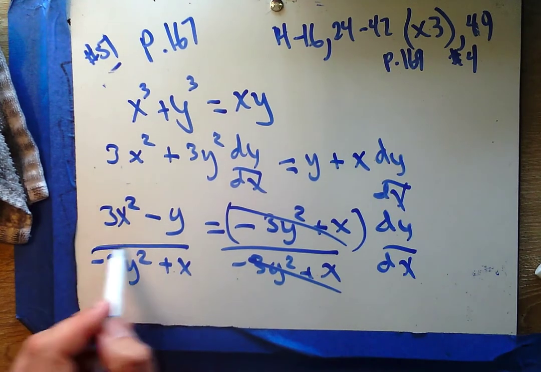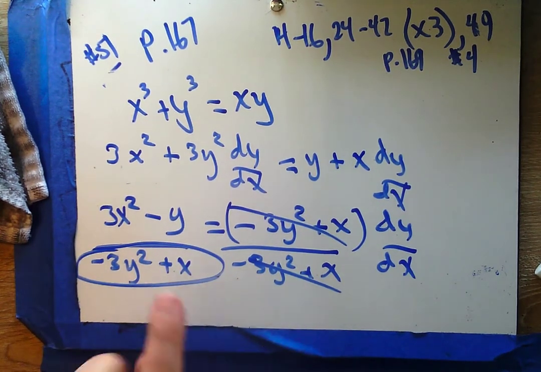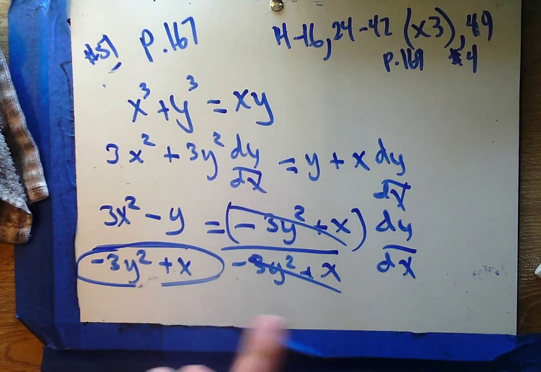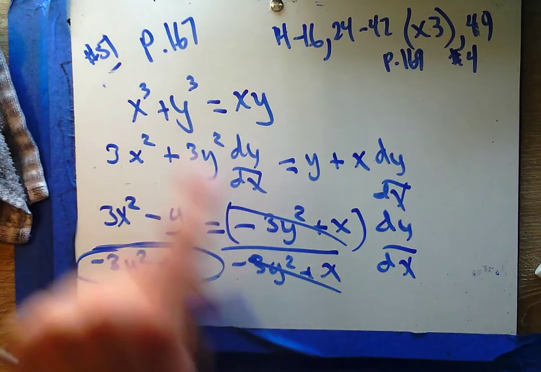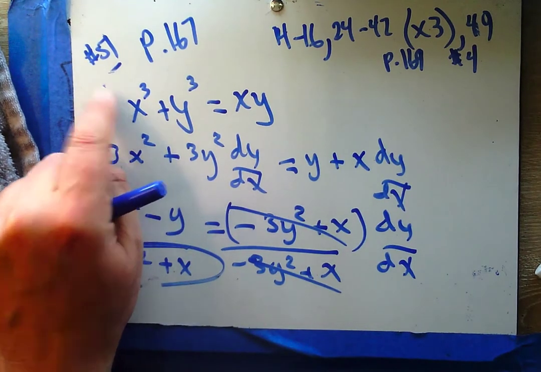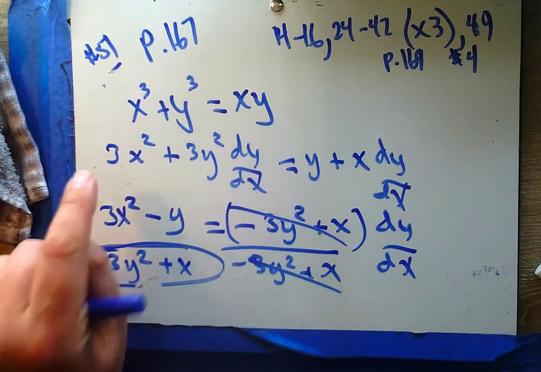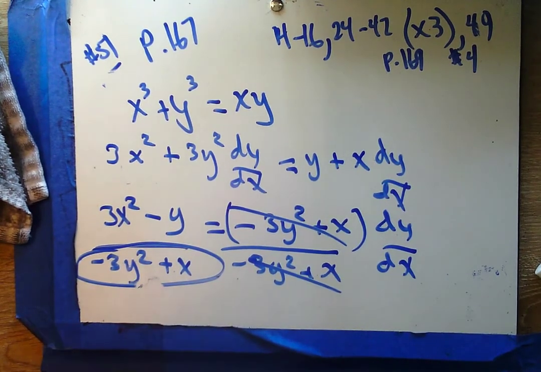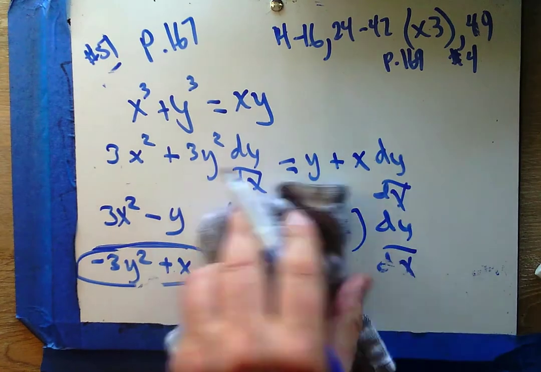Well, the derivative can't have a 0 in the denominator. So the slope of this relation will be defined everywhere except where this is equal to 0. Well, let's take a look at that for a moment.